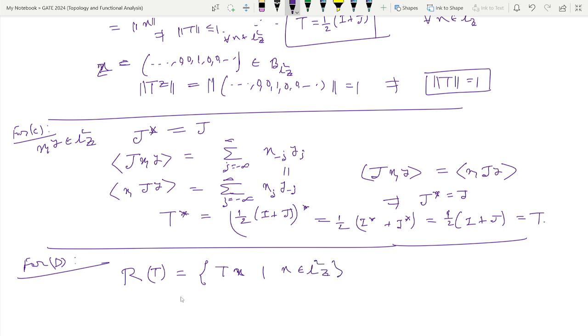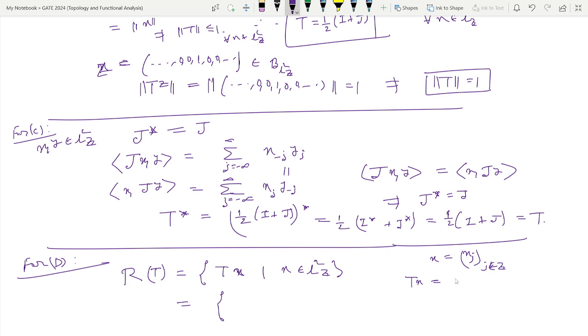So for an arbitrary x equal to (x_j), j belongs to Z, how does Tx look?